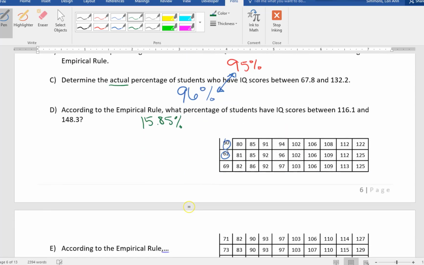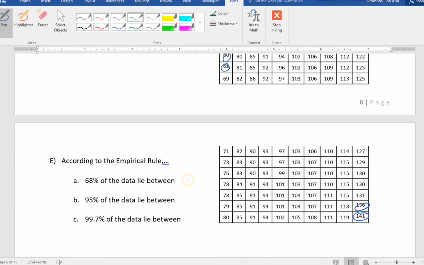And then E. So up above, what data lies in 68%? That is 83.96 to 116.1. 95% is between 67.9 and 132.2. And then 51.8 to 148.2.